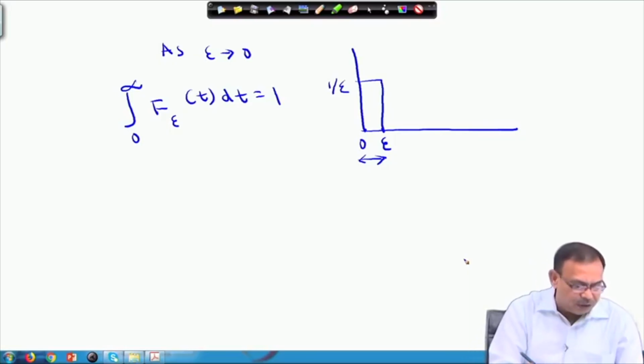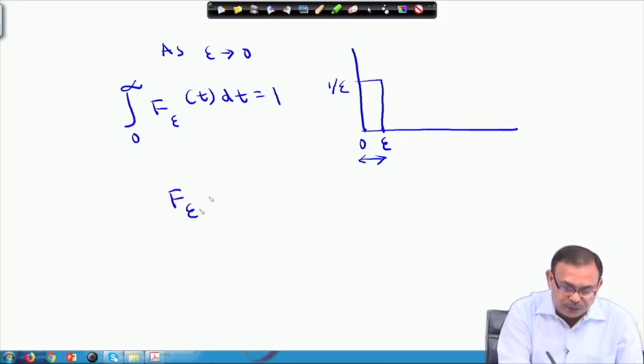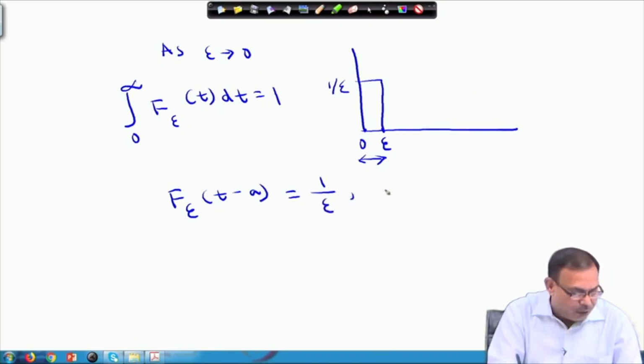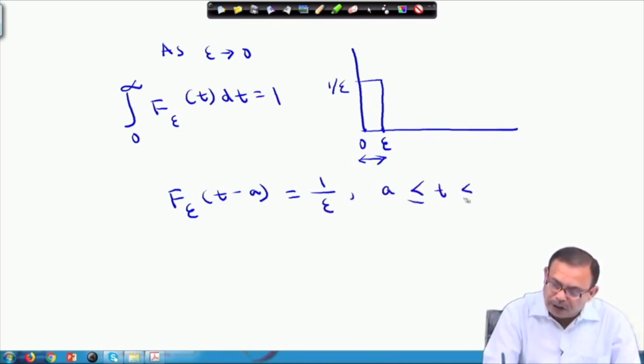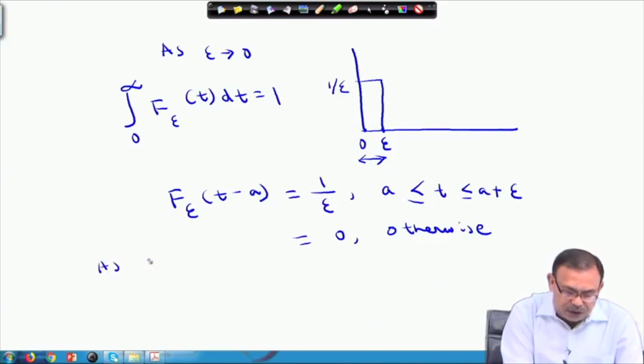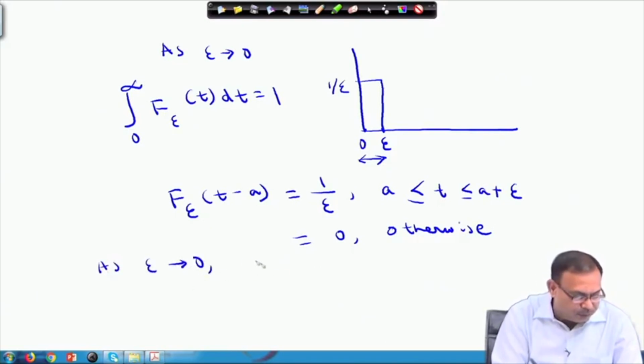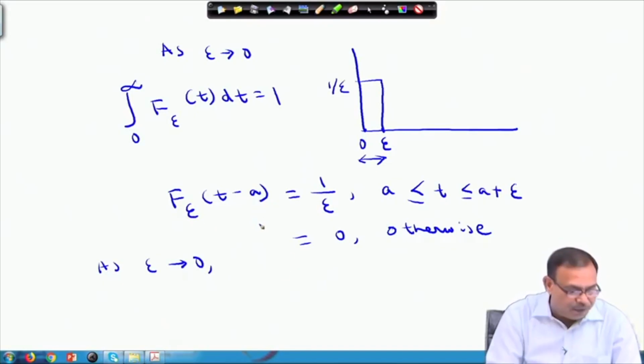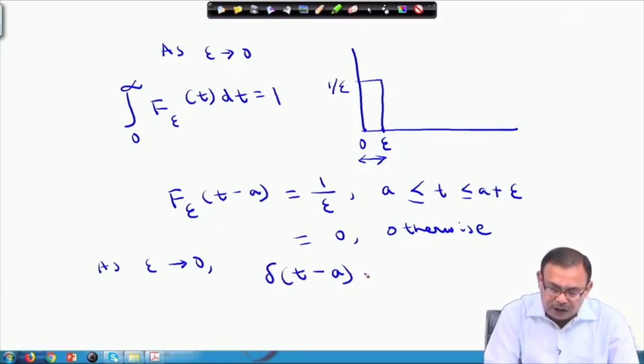The impulse function we sometimes write in this way also: f epsilon t minus a equals 1 by epsilon whenever t lies between a and a plus epsilon, and it is 0 otherwise. As epsilon approaches 0, what will happen? This f epsilon t minus a is known as the Dirac delta function, which we sometimes denote by delta t minus a.